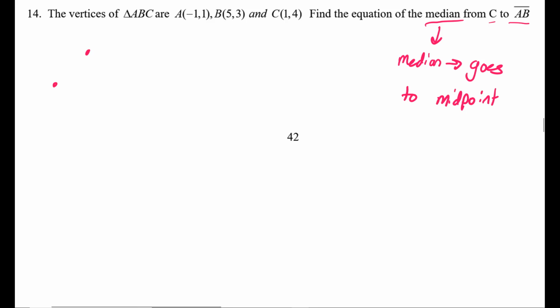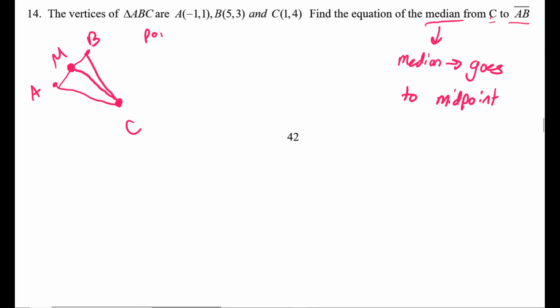So I'm just going to sketch my triangle right here. Doesn't really matter what it looks like. So A, B, C. And it says it wants the equation of the median from C, so from this vertex right here, to AB. So it's going to come from C and go to the midpoint of the opposite side. So there's a couple things we need to find here.